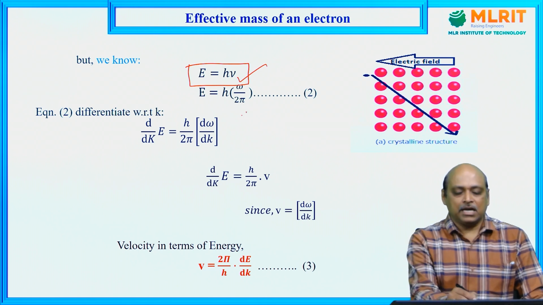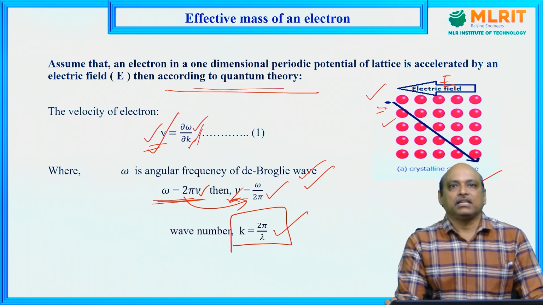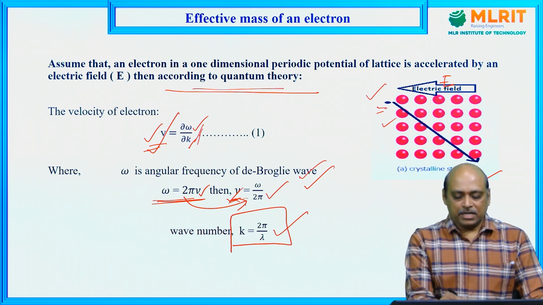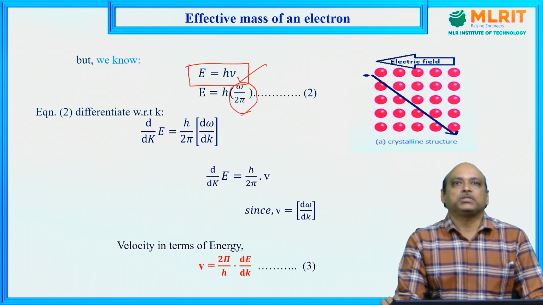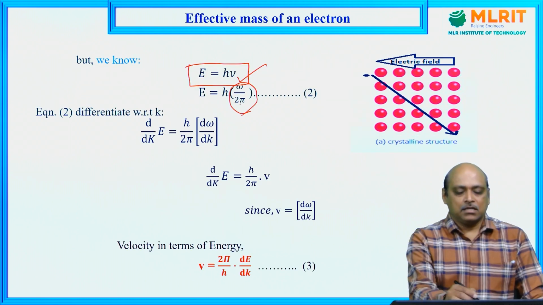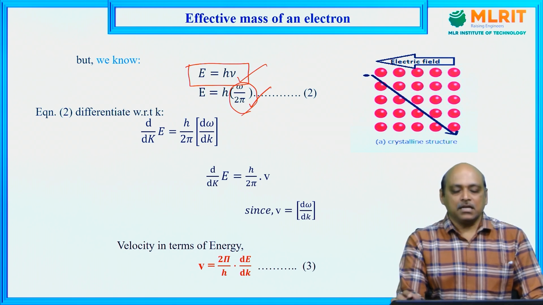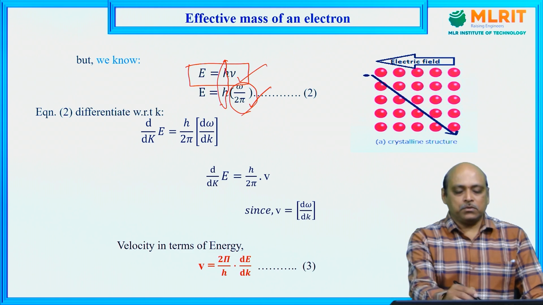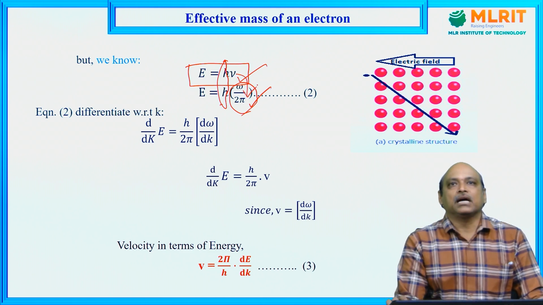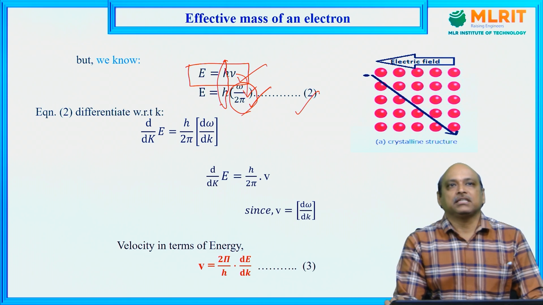But here, in equation 1, the value of nu is given as omega by 2 pi. That value we substitute here. Then we can write E as h as it is, but nu is substituted with omega by 2 pi. Take it as equation number 2.